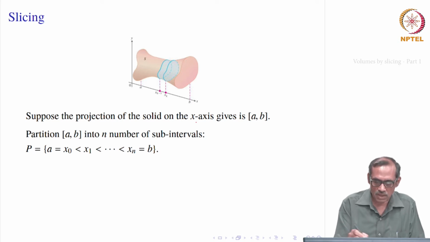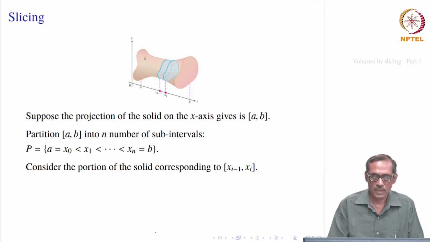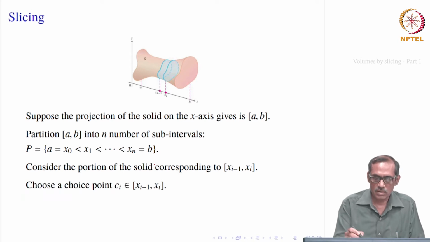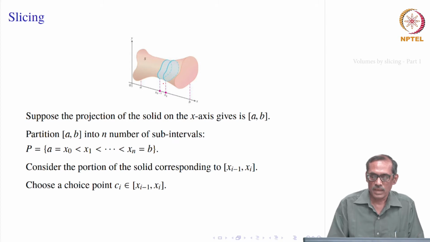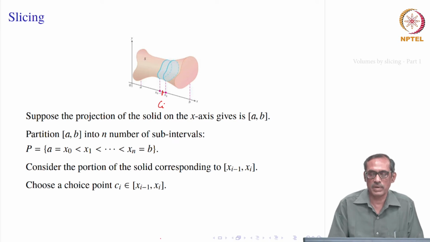Now, in the sub interval x I minus 1 to x I, let us choose a point c I. The portion of the solid which is between x I minus 1 to x I, we will approximate as the area at that point c I, times the length x I minus x I minus 1.